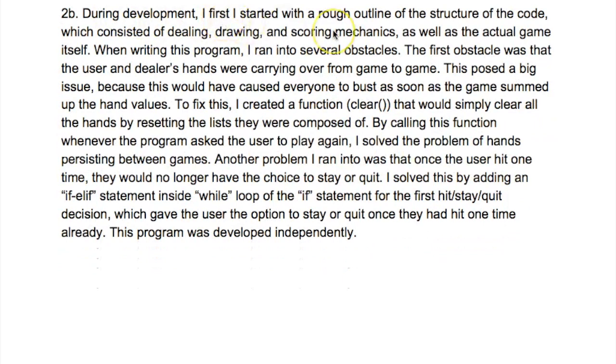This person, the reason they're going to get full credit here and the full amount of points that they can get is because they are talking about programming obstacles, the iterative process of going through their program and fixing things.